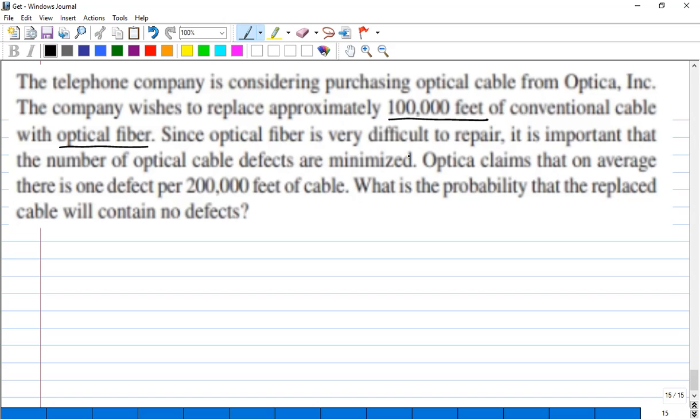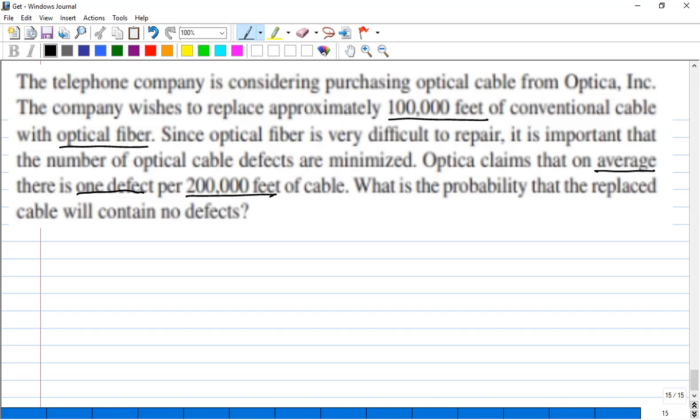I mean, that makes sense. If you want to repair something, whatever you're repairing it with, you want to make sure that it's good material. Optica claims that on average there is 1 defect per 200,000 feet of cable. What is the probability that the replaced cable will contain no defects?